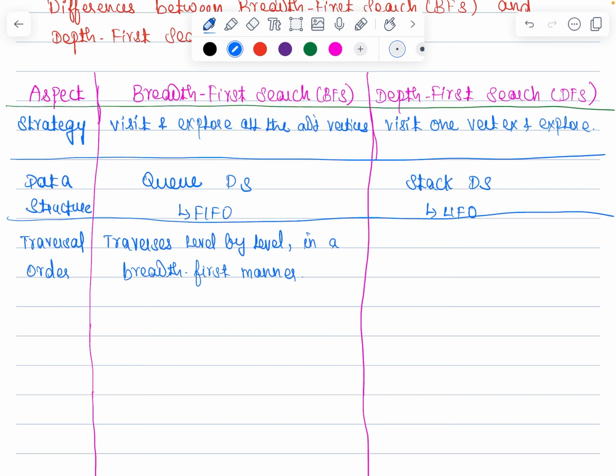Whereas DFS traverses deep into a branch, in a depth first manner.